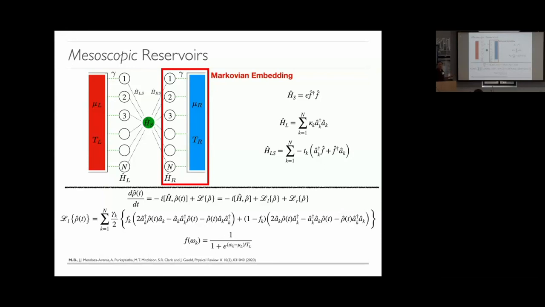This part exactly. You said to each mode. Yes. Unfortunately, this is not the best picture because I have a single bath. But the main idea is that each one of these modes couples to a Lindblad bath, each with a different gamma, and each mode has a different energy.